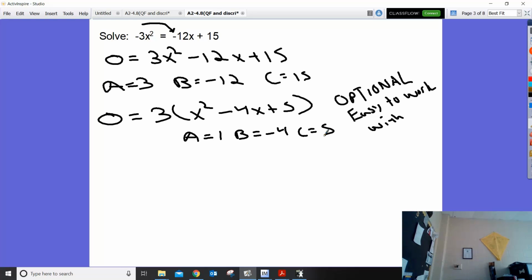Come on, kids, plug into the quadratic formula. All you gotta do is put the numbers in. It's all over 12.